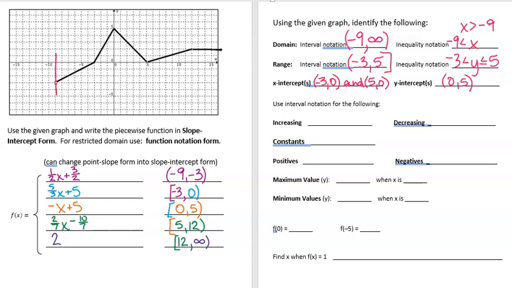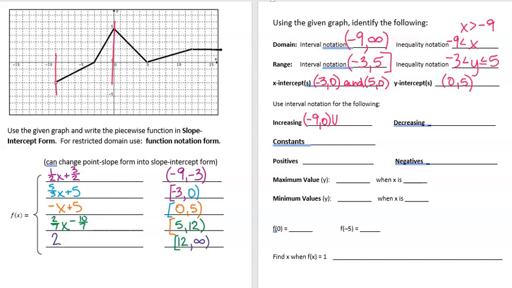So from -9 all the way to an x value of 0, that's where the increasing interval is happening. So from -9 to 0. We don't include those points of change, because here at this point, the graph stops increasing and starts decreasing. So we don't include that point of change.